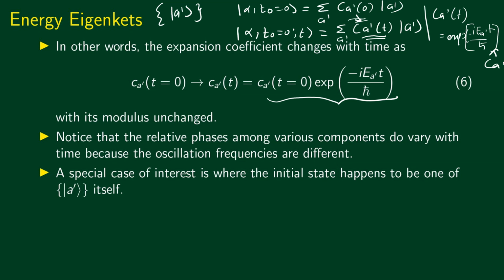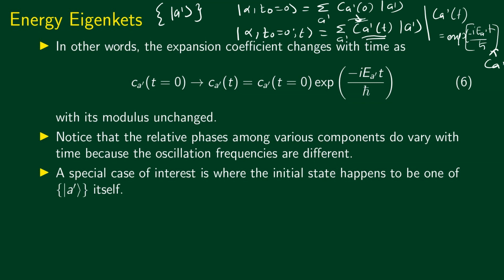All right, because the oscillation frequencies for each base ket is different. Okay, these are the oscillation frequencies. Right, so if you think of this as an oscillation, we can say that the relative phases among various components vary with time because the oscillation frequencies are different. So you can think that the individual expansion coefficients oscillate with different frequencies as time evolves.